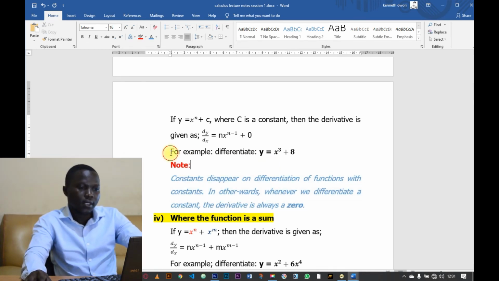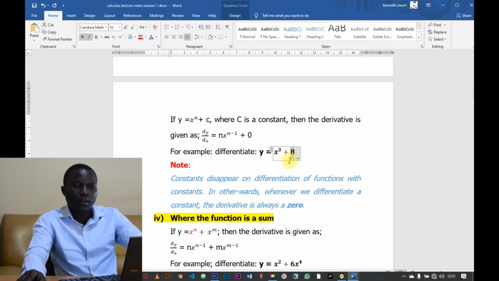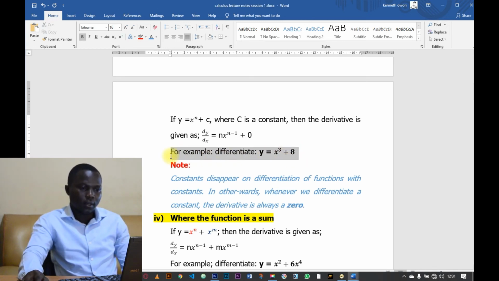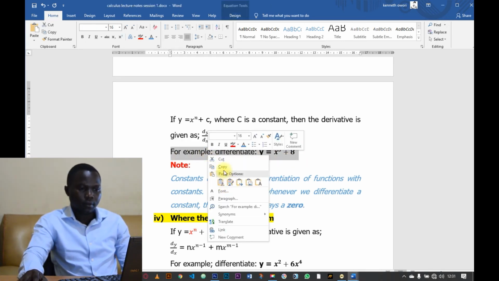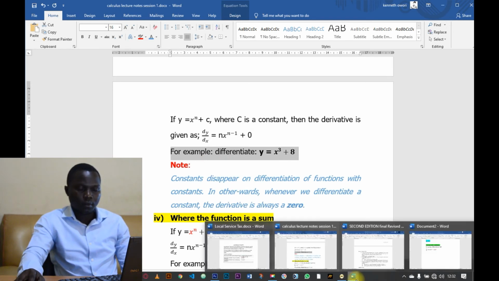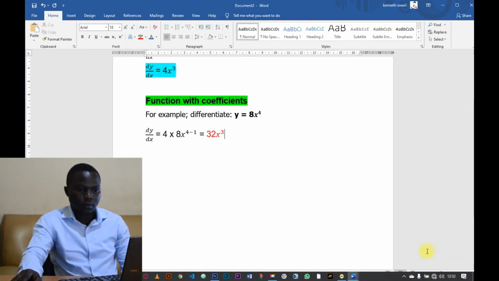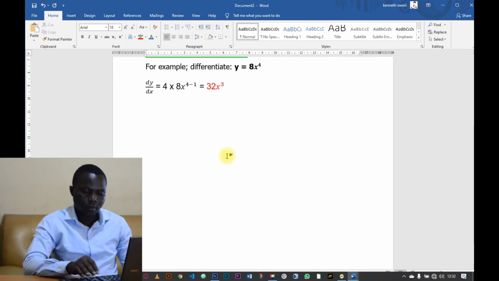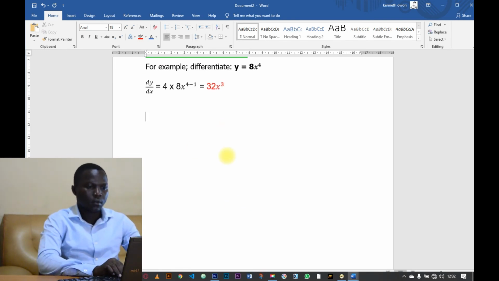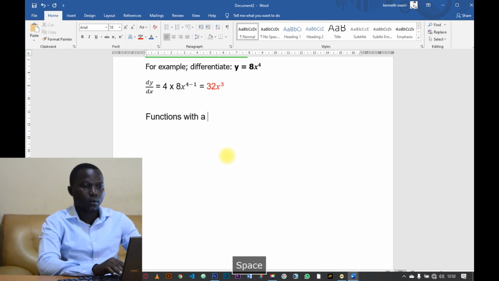So you have an example that says differentiate y equals x power 3 plus 8. Now in this case, 8 is a constant. We want to see, if you differentiate an expression having a constant, what we would get as a result. So let's try to look at this.